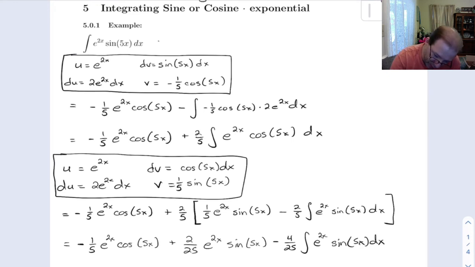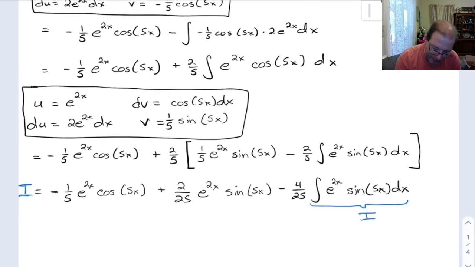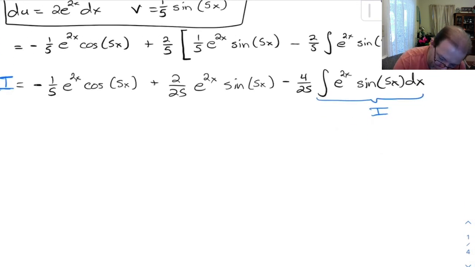Because if you think about what this is, I'm going to let this equal I, just for integral. So if we take that and follow the chain of equalses down here, we get I equals this. And this thing right here is the same thing. So this is I. So what I've got now is an equation that I can solve for I. Let's look at what this equation says.